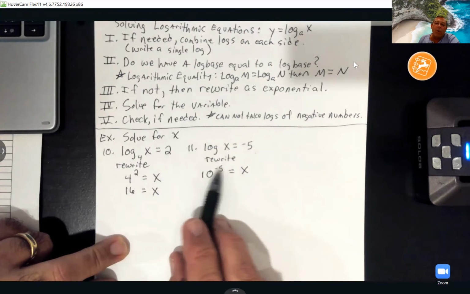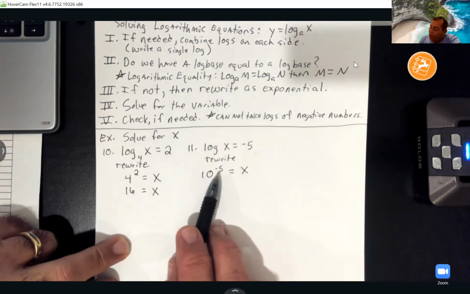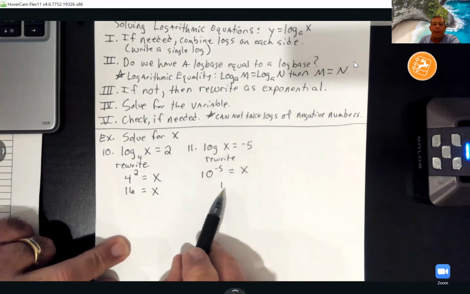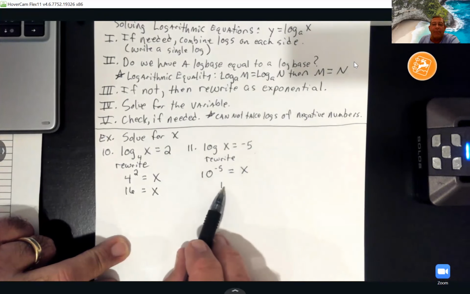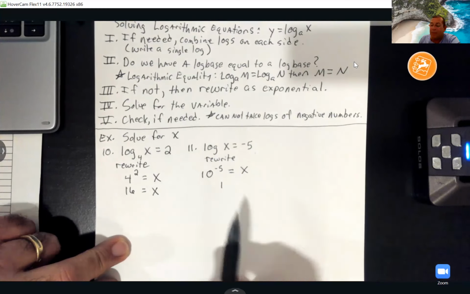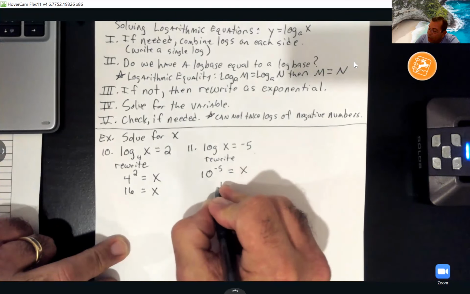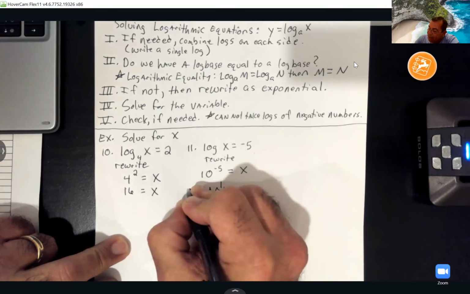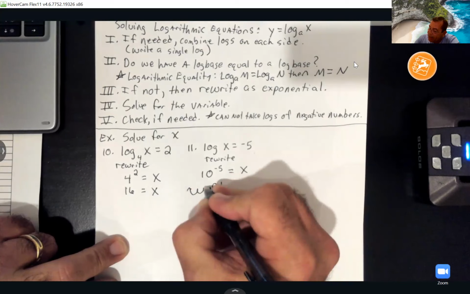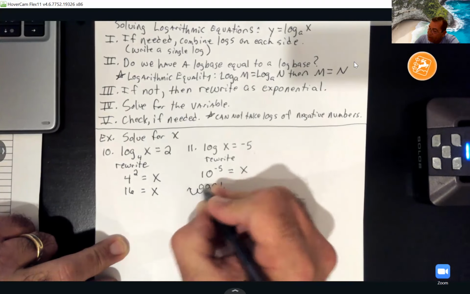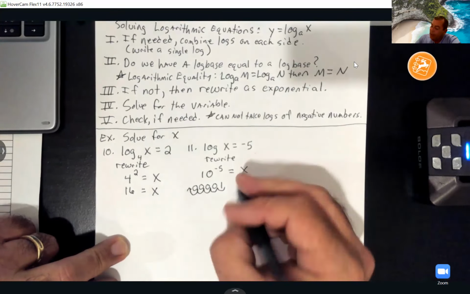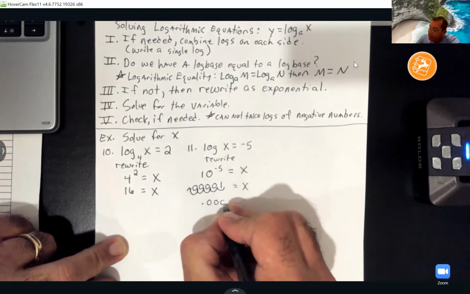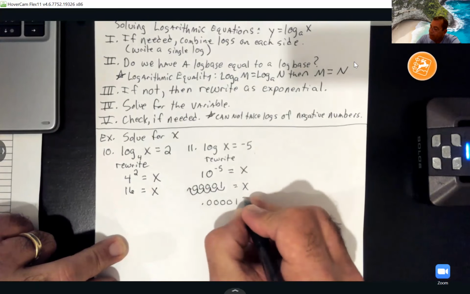Now this one, they want it in decimal form. To put this in decimal form, you write 1. And that -5 means I need to move my decimal left 5 spots: 1, 2, 3, 4, 5. That means I had to add 0, 0, 0, and a 0, which gives me 0.00001.